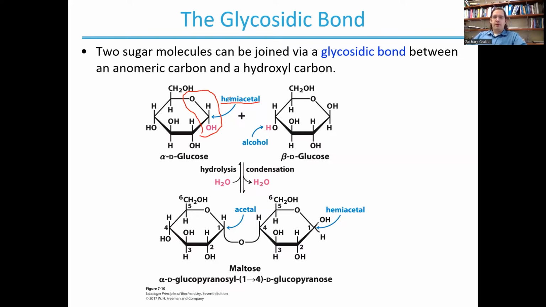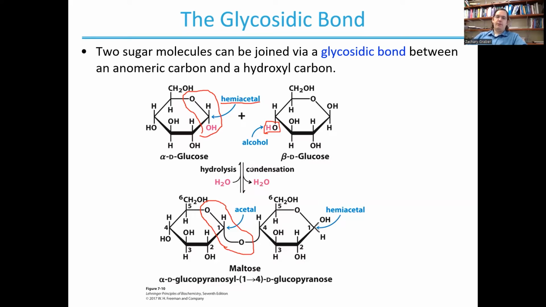Now, as we know from organic chemistry, our hemiacetals can continue to react with additional alcohols to form a full acetal or a full ketal in the case of our hemiketal. It's this reaction to form our acetal or ketal that is key for linking our sugars together.